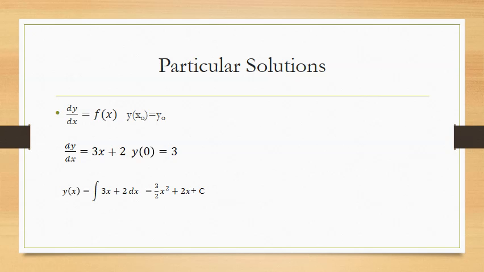I need to figure out what c has to be. So I plug in my initial value for x, and I find out that my solution has to equal 3 at that point. To do that, c has to equal 3. So my particular solution would be this, and that's only one solution of my family of solutions that we saw earlier. Well, I hope this helps.